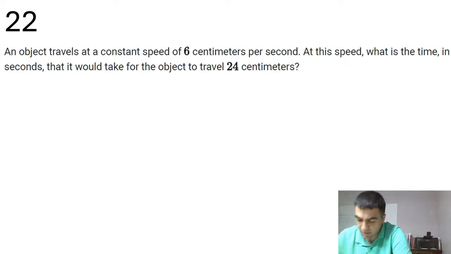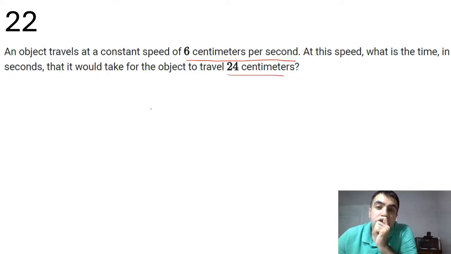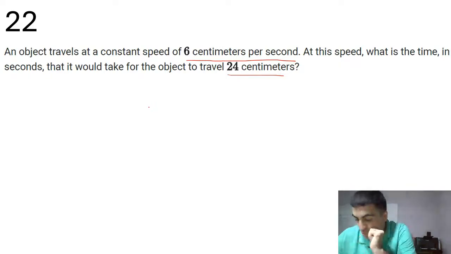This one says: constant speed of 6 centimeters per second. At this speed, what's the time in seconds that it would take for the object to travel 24 centimeters? What about Tuncay? Did you solve this question?